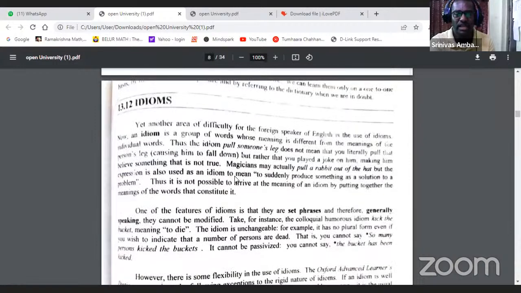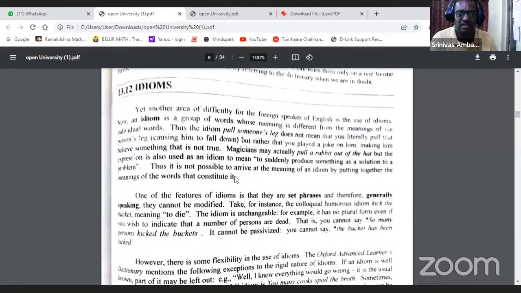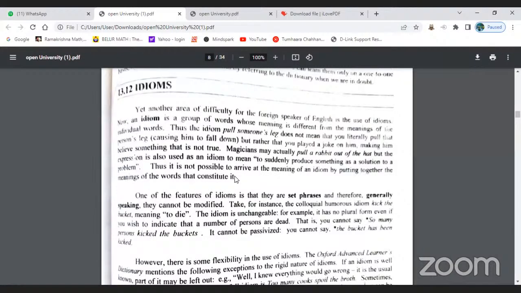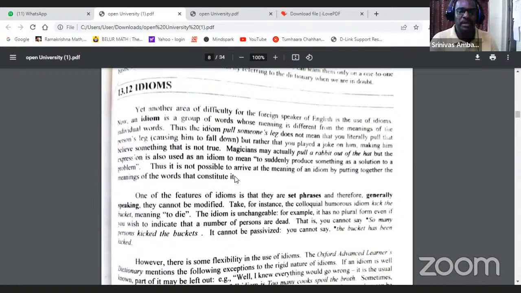Now I think without reading, you can tell me what idioms mean. Idioms are expressions which may or may not have a literal meaning. Other words have a meaning, for example, if I say table, table has a meaning.